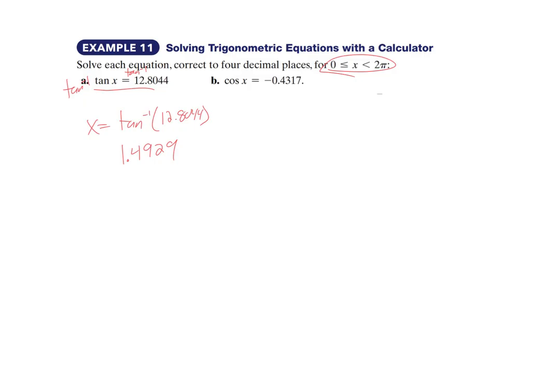1.4929 is in the first quadrant because it's less than pi halves. Pi is a little over 3, so this pi halves would be a little over 1.5. That means there's something in the third quadrant. So there's the first quadrant, something in the third quadrant.